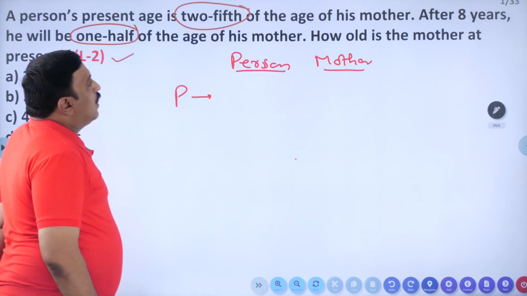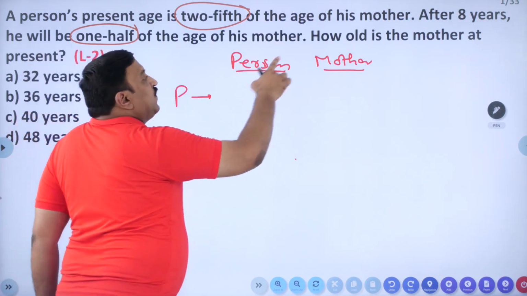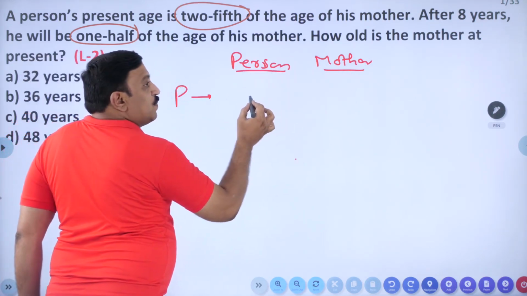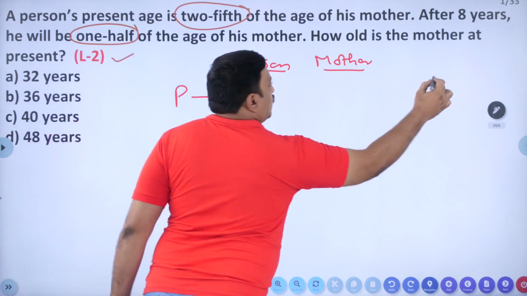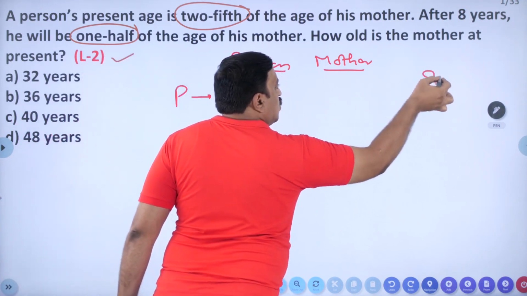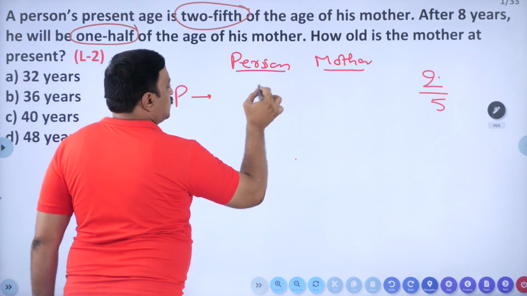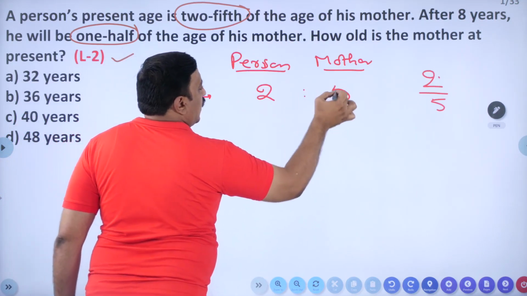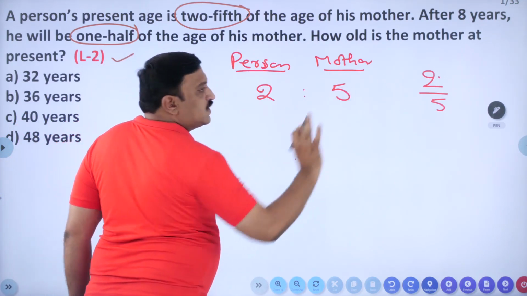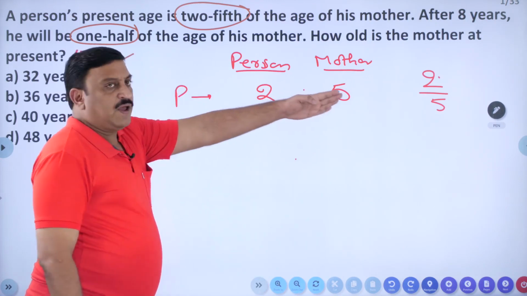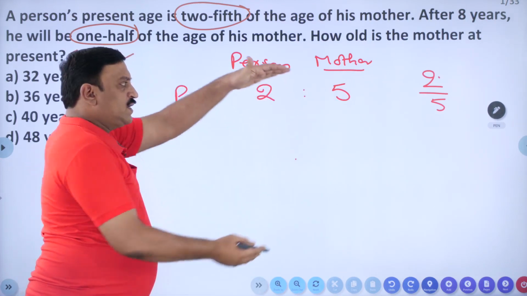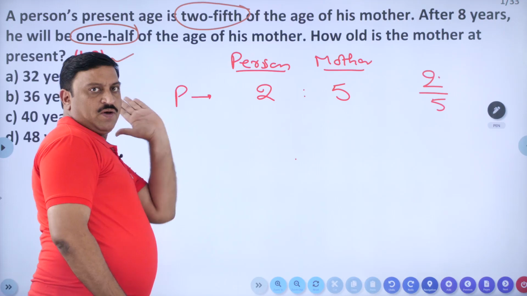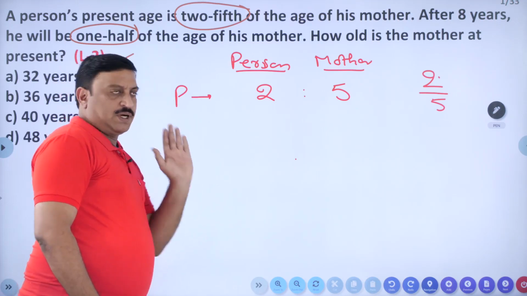Now, person is 2/5 of mother, means the ratio becomes how much? 2/5 means the numerator should be given to the first person, that is 2:5. We have done this one already, right? The way to convert the 2/5: just the numerator is given to the first person, whoever is the subject.